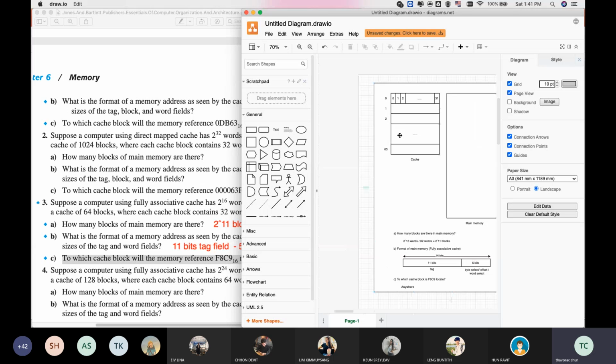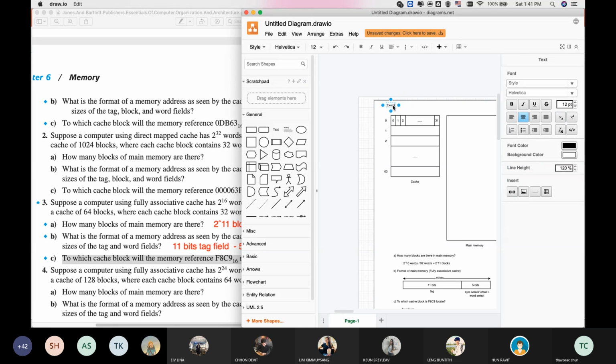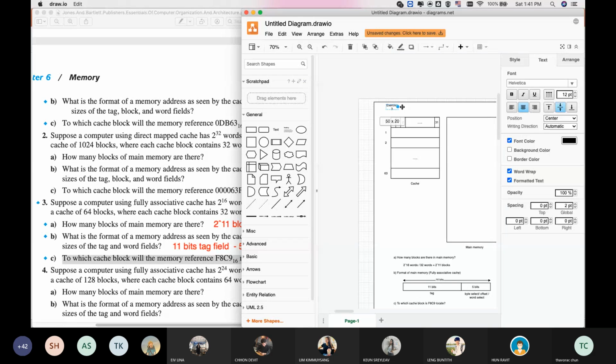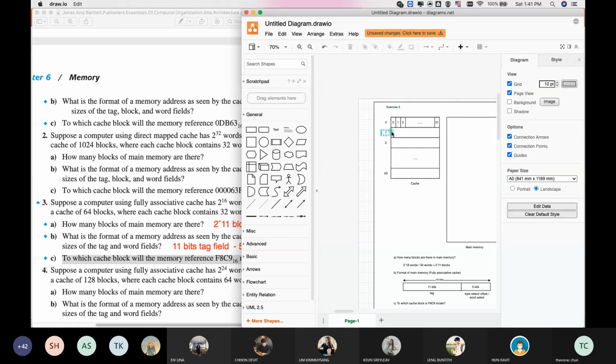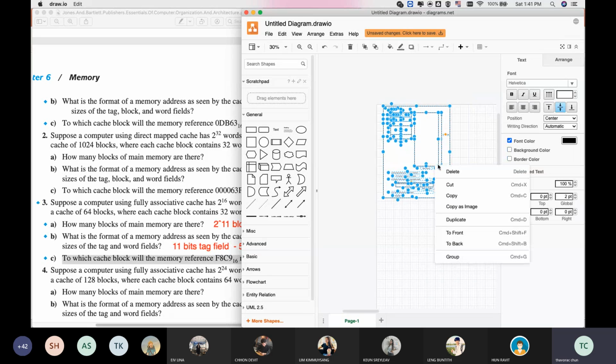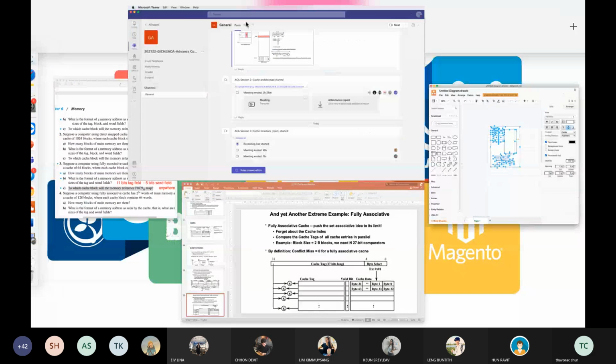This one is exercise number 3. Okay, I will copy this and put it in here.